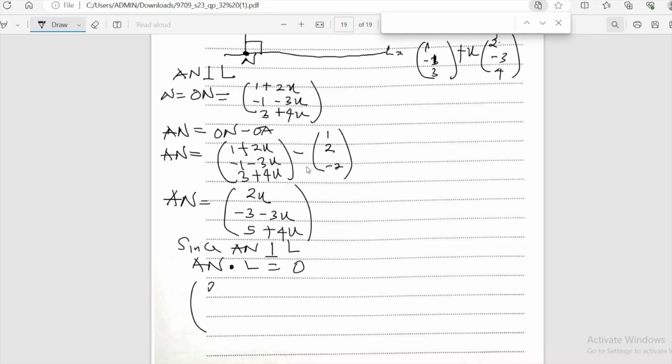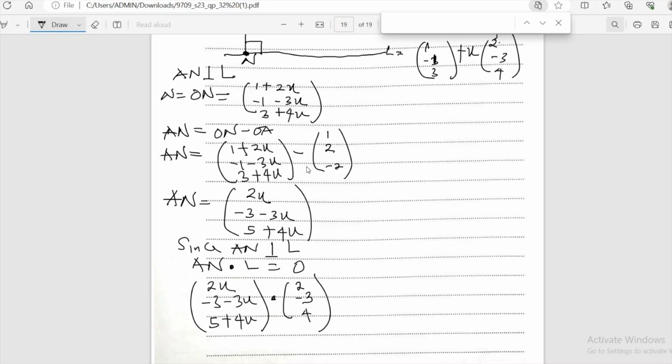AN is 2 mu, minus 3 mu, 5 plus 4 mu, dot the direction of the line, which is 2, minus 3, 4. The direction of the line is what you always use when you are doing perpendicularity between a line and a vector.